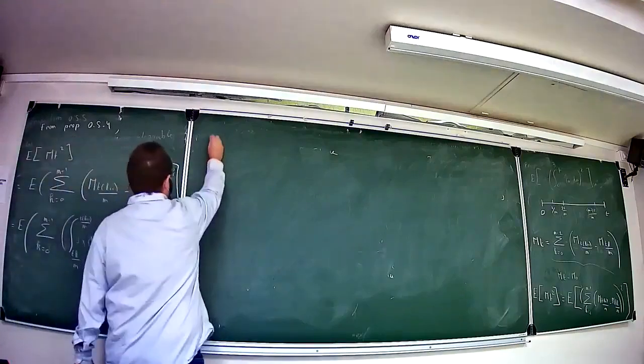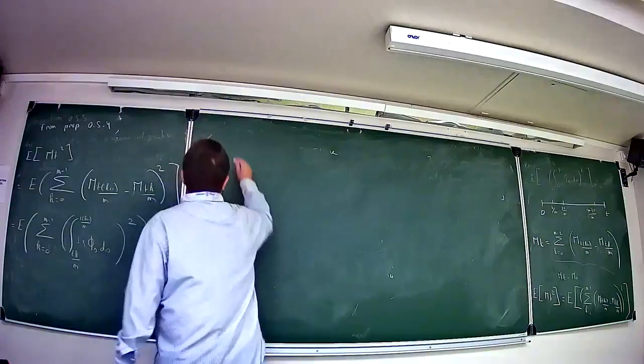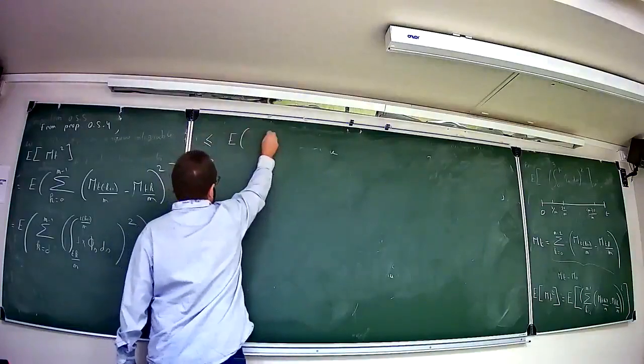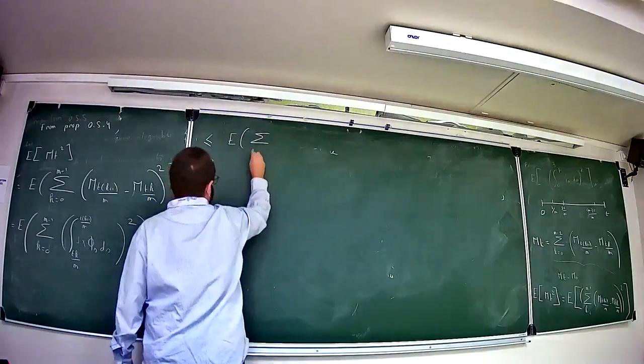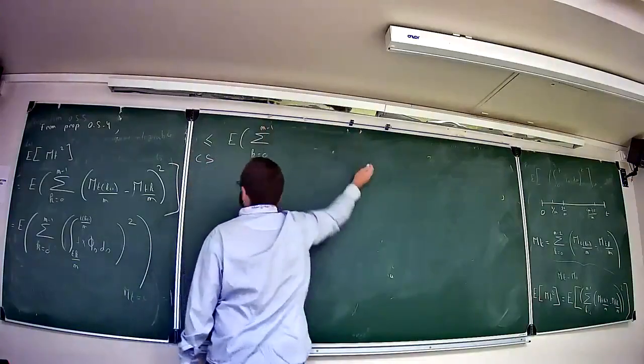And I obtain from the Cauchy-Schwarz inequality the expectation of the sum from k equal to 0 to n minus 1 of what?